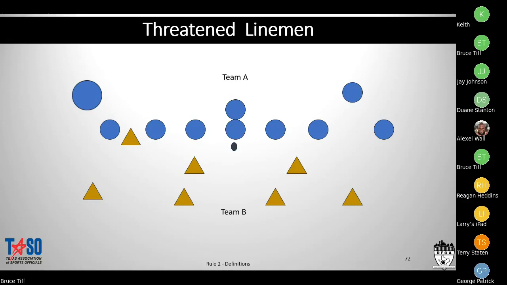They are not a person that is adjacent or head up with a defender that's entered into the spot between the tight end and the tackle. Defender moves head up into the guard. In that situation, guard moves. We have an offside, as well as you're looking at your center and your tackle.